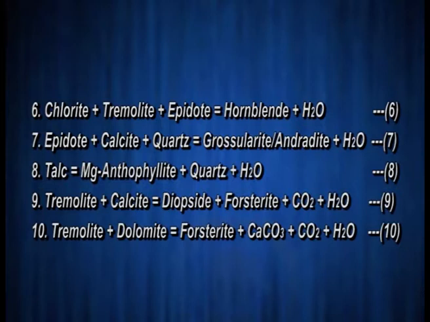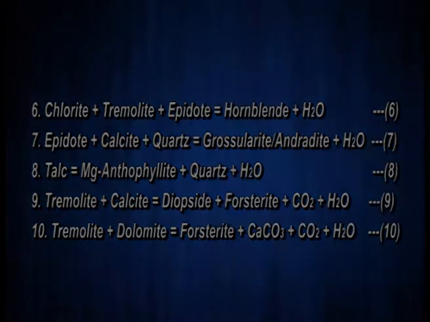Reaction 8: talc gives rise to Mg anthophyllite plus quartz plus water. Reaction 9: tremolite plus calcite give rise to diopside plus forsterite plus CO2 plus water. Reaction 10: tremolite plus dolomite give rise to forsterite plus calcite plus CO2 plus water.